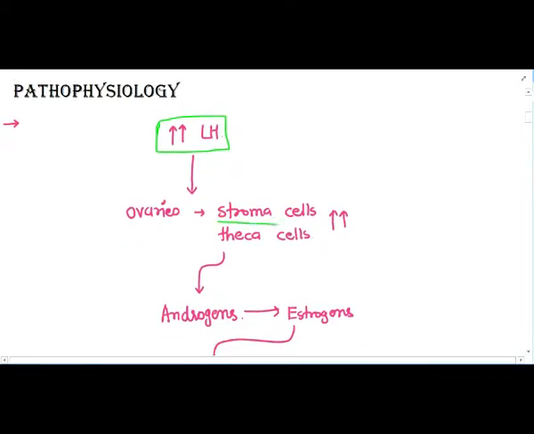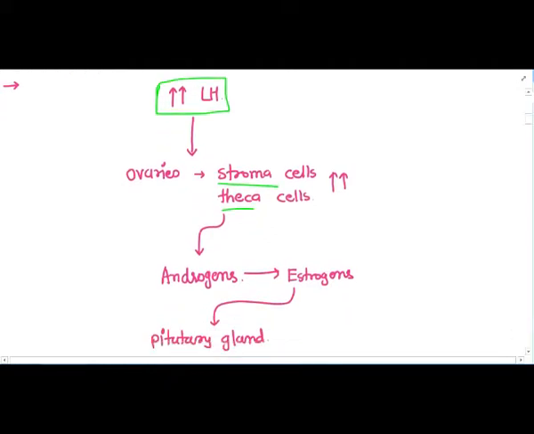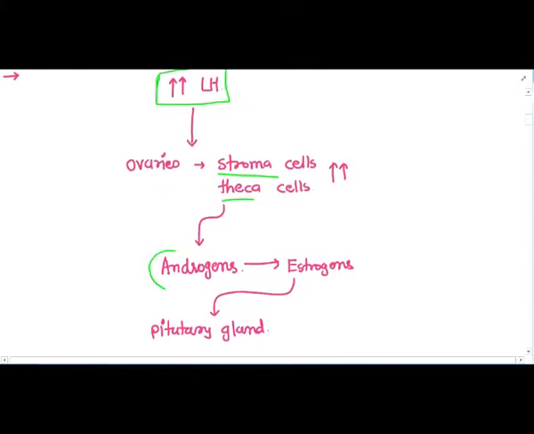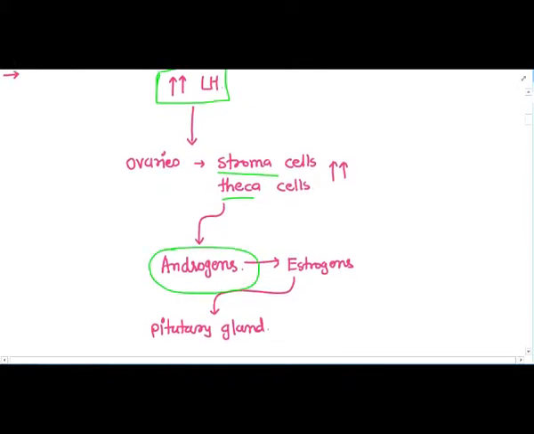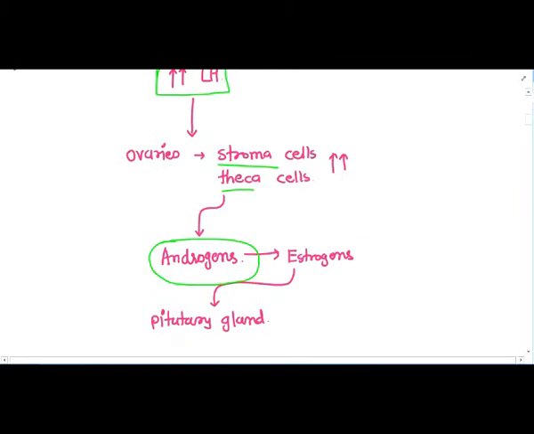There will be much stroma cell and theca cell growth, and that will eventually produce androgens. Some of this androgen will convert to estrogens through the aromatase enzyme that is available in the skin.